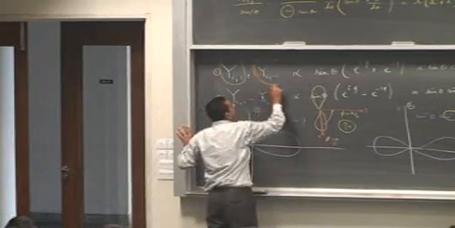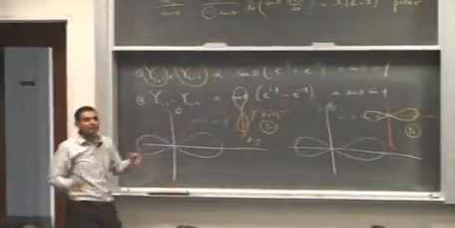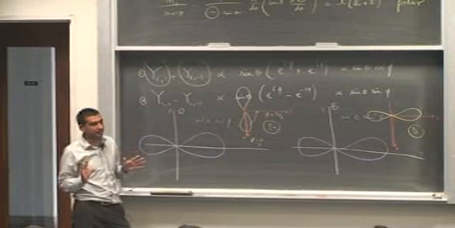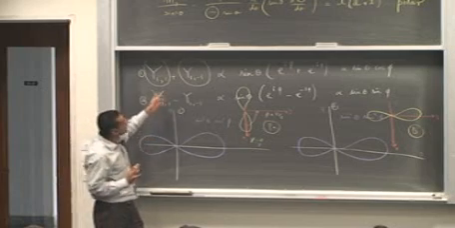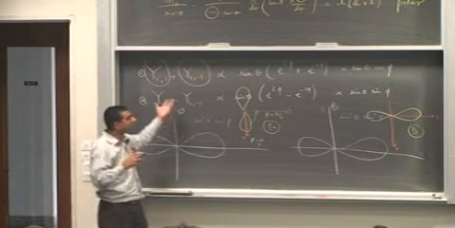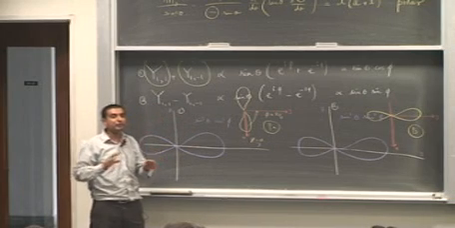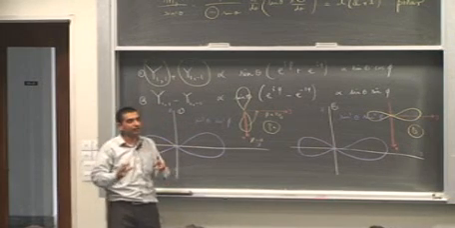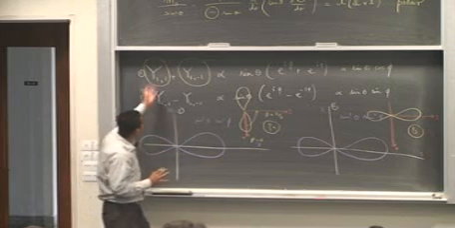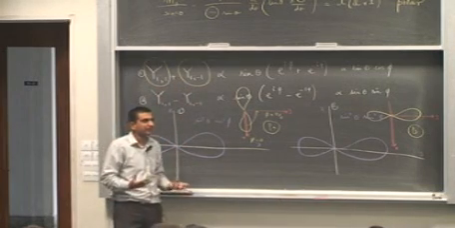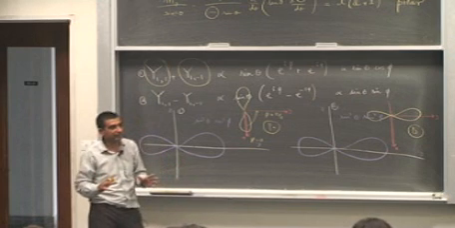Is this a solution? Yes. Both of them separately are legitimate solutions. Is their linear combination also a solution of the Schrodinger equation? Yes. So we can make any combinations we like of the solutions, and the new function will, on equal footing, be a legitimate solution of the Schrodinger equation.